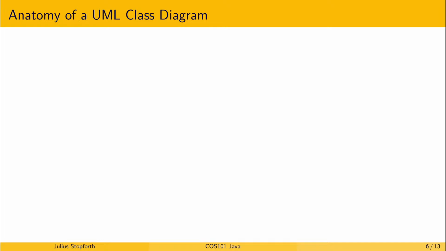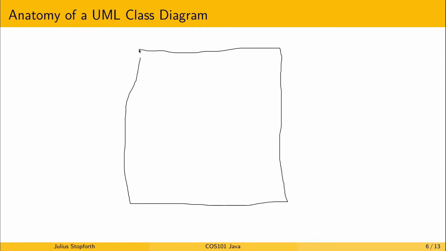So I was hoping I would have my stylus working today, but we're going to work together and draw a couple of class diagrams together. All right, so with any UML class diagram, you start off with a square or a rectangle, and it has 3 main sections, right?